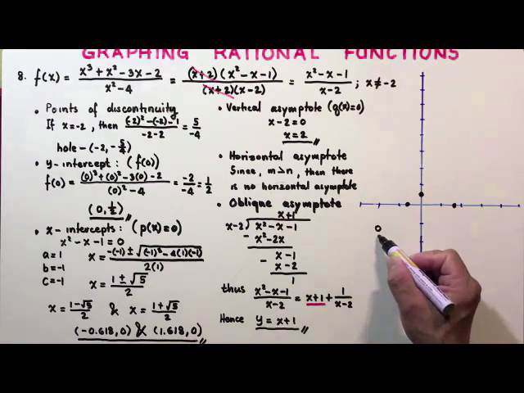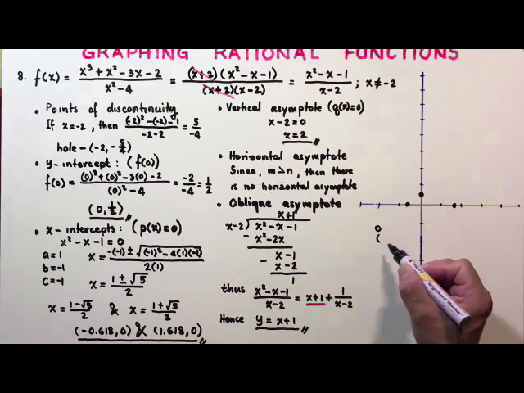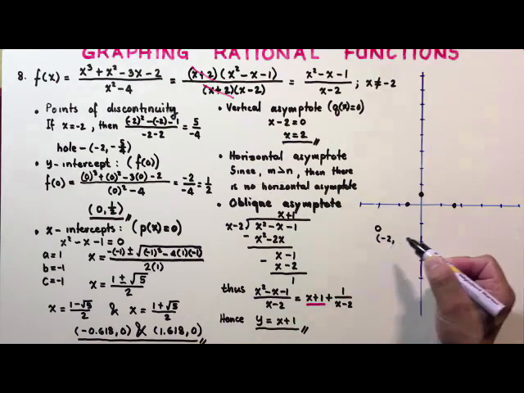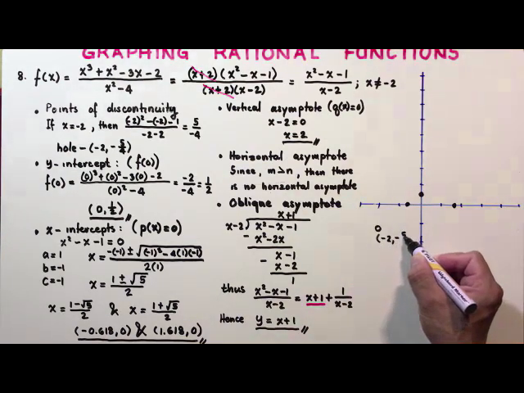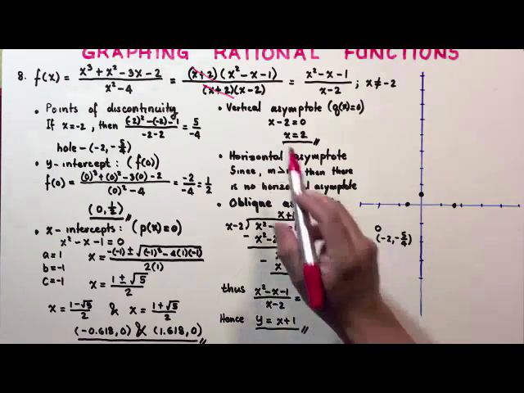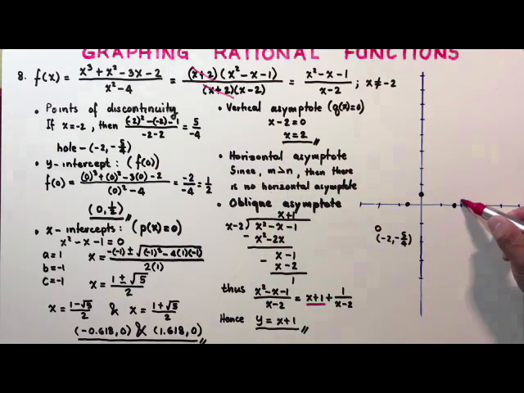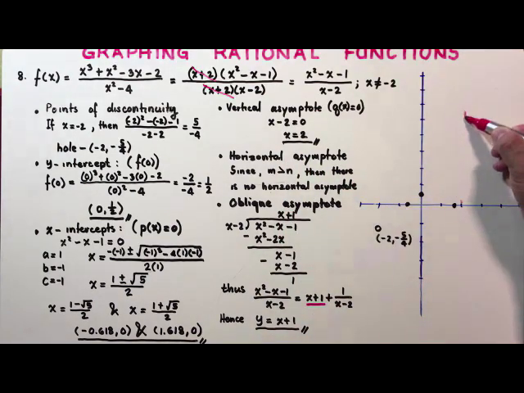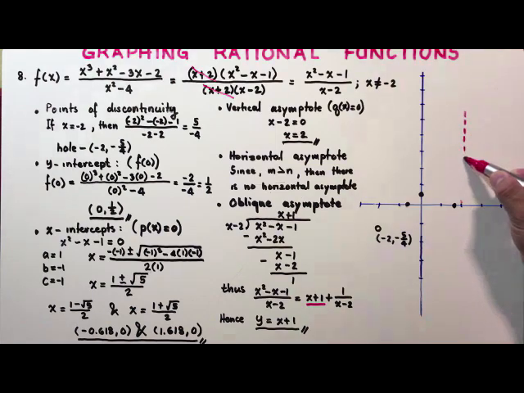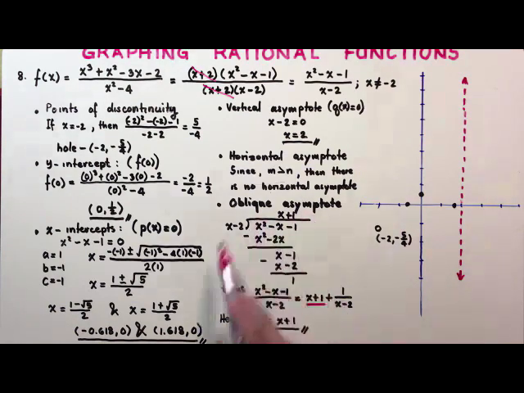So we'll just label this hole in this graph with -2 as the x coordinate and -5/4 as the y coordinate. And sketching the vertical asymptote, we have x equal to 2, so it's a vertical line that is 2 units from the y-axis. And then we also plot our oblique asymptote, which is x plus 1.